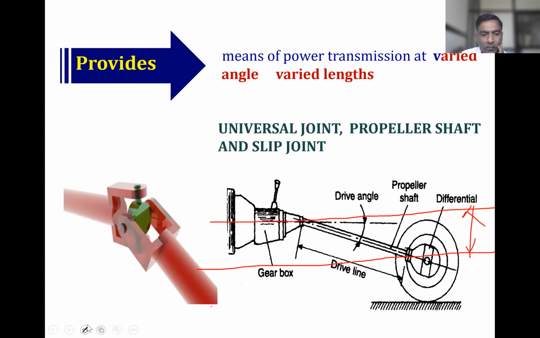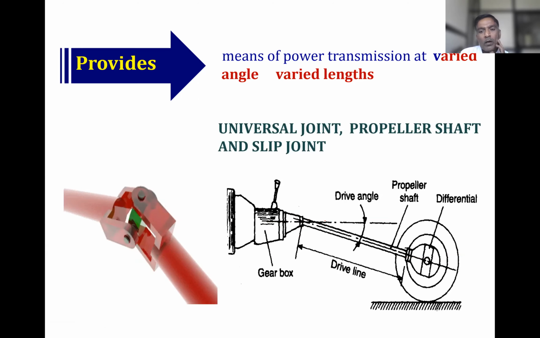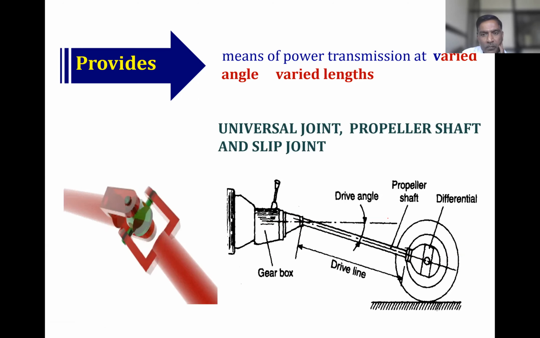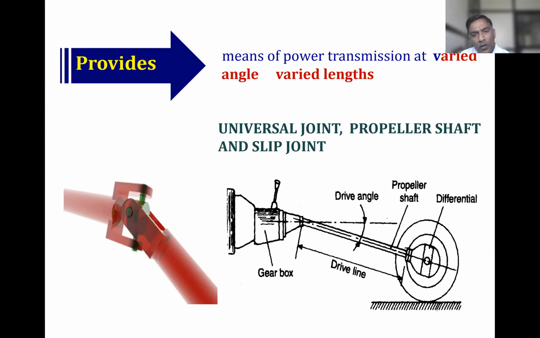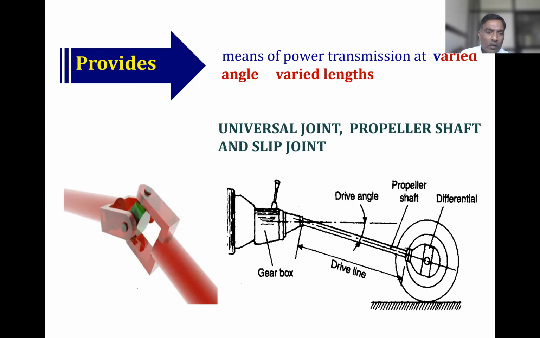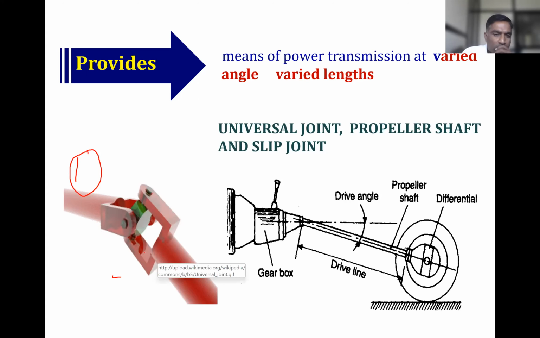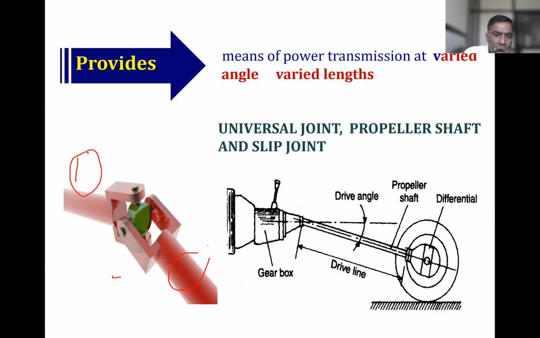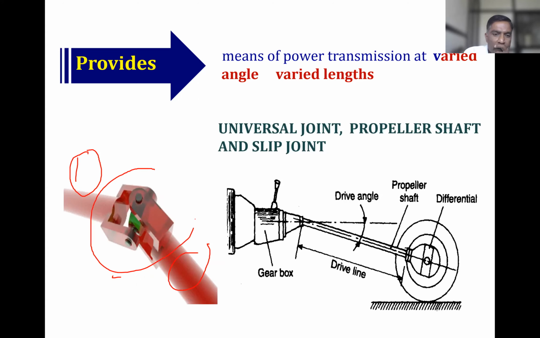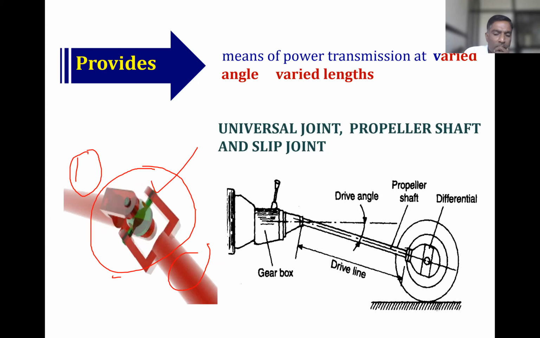So for that, this propeller shaft and universal joint along with slip joint is used. So this way you can consider this is a propeller shaft and this one is the universal joint which is required to transmit the power at varied angle.